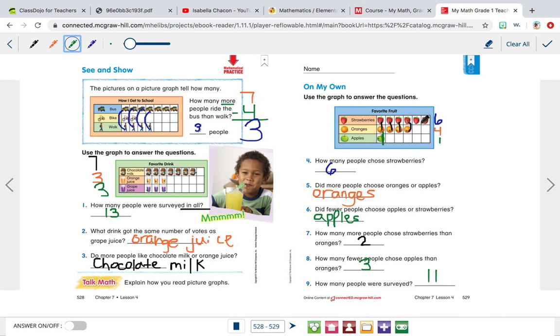Because for every picture, that means at least 1 person was surveyed. So if there's 1 strawberry, that means 1 person was surveyed. If there's 6 strawberries, 6 people were surveyed. And because we added all the fruit, we know that because there's 11 pieces of fruit, 11 people were surveyed.